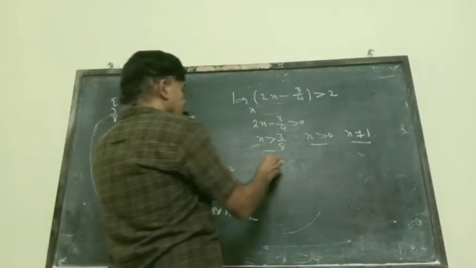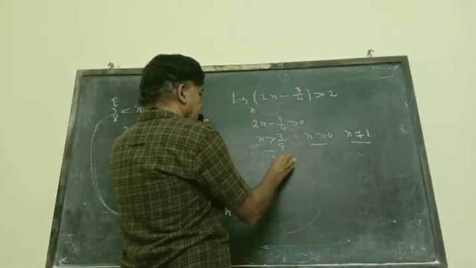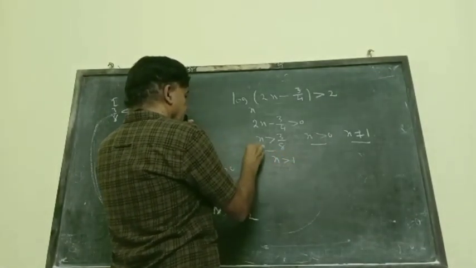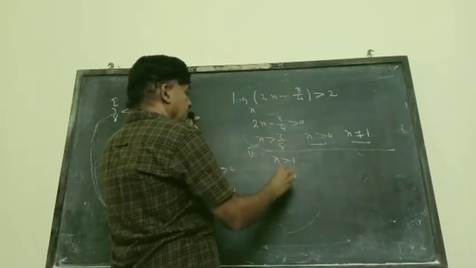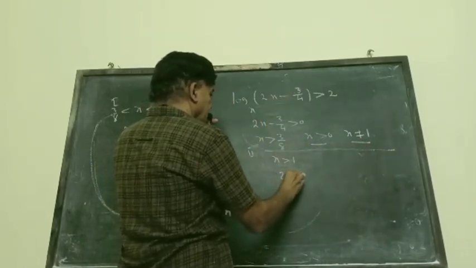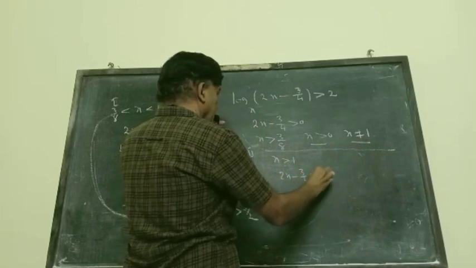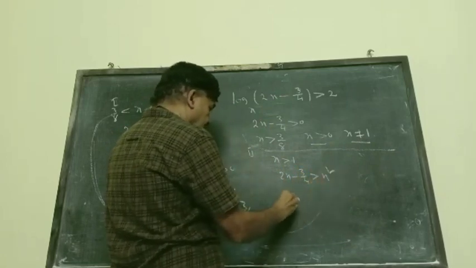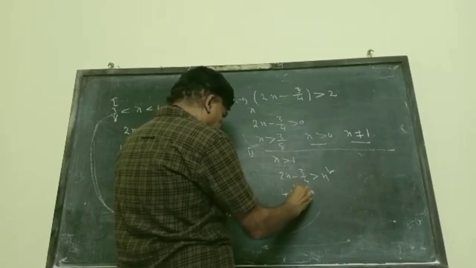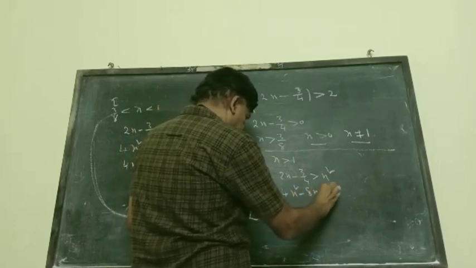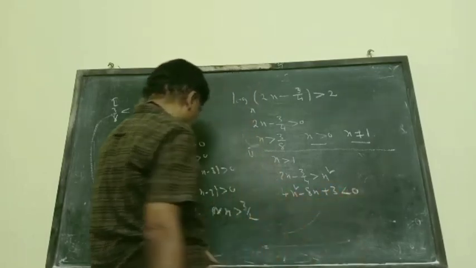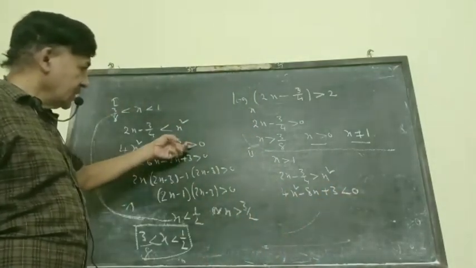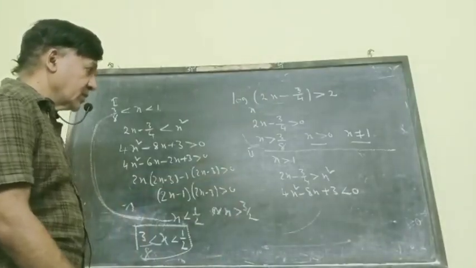Then the second case is what? The second case is x greater than 1. This is your second case. The inequality remains the same. So 2x - 3/4 greater than x square. So you will get 4x square - 8x + 3 less than 0. Earlier it was greater than 0, now it is less than 0.